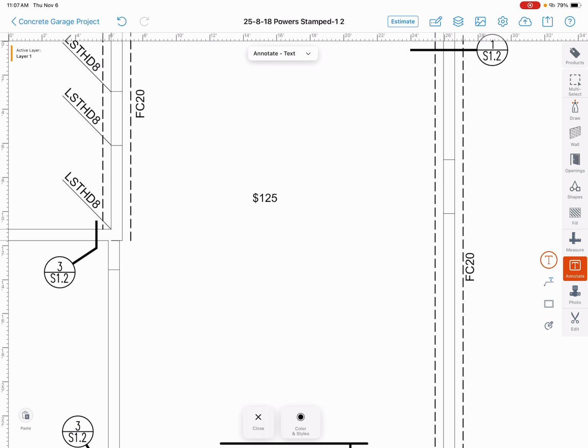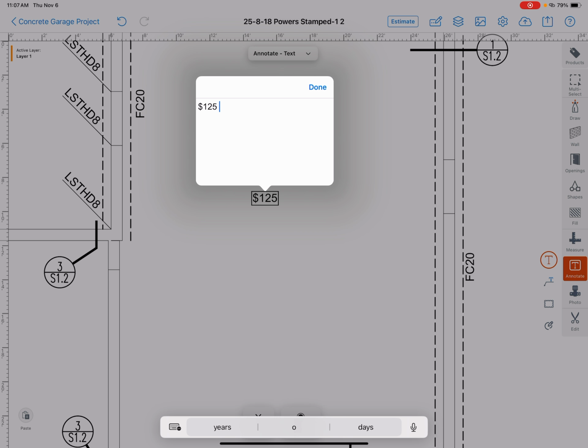So all you gotta do is multiply 125 by 86, and this is what you get. 125 by 86, 10,750.